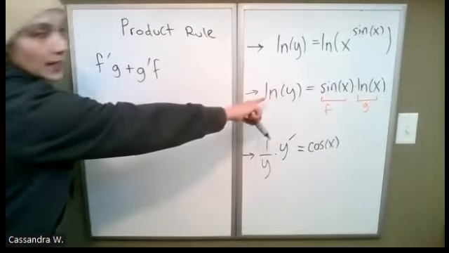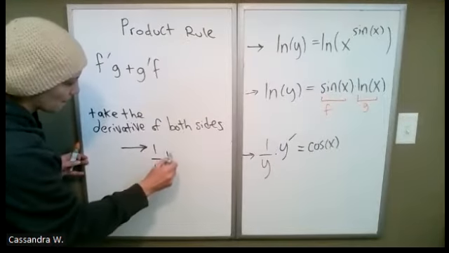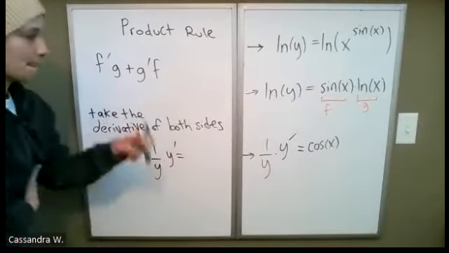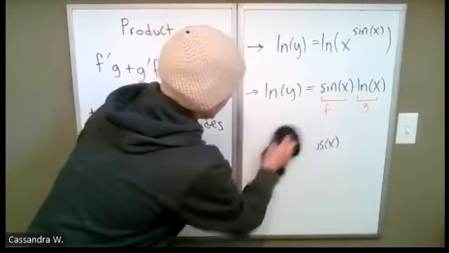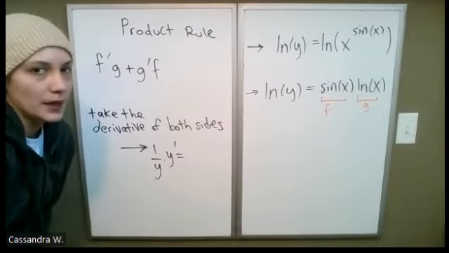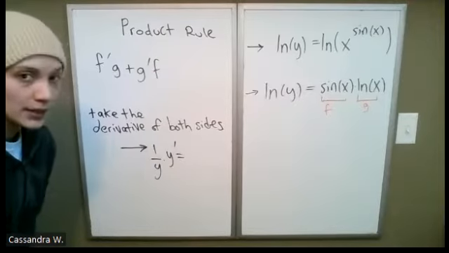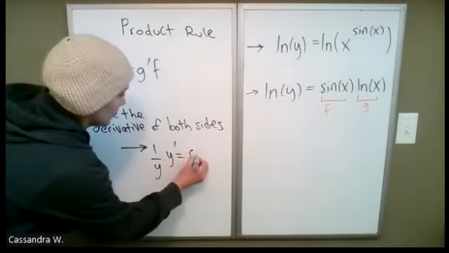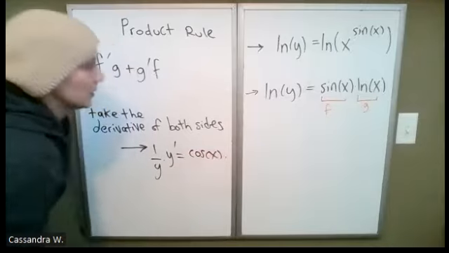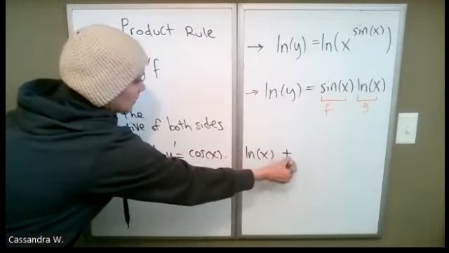So this side, that derivative gave us the 1 over y times y prime. Okay, on the other side, we started to get the derivative. It would be cosine of x times ln of x plus.